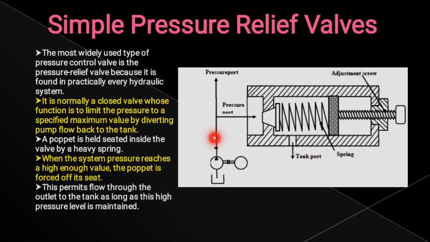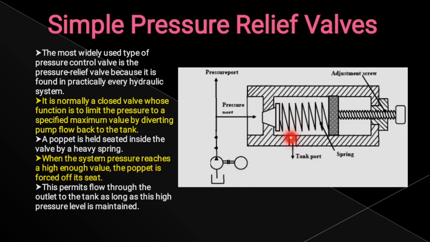The liquid at high pressure is going to push this poppet, which is placed in the gap and is closing that gap. The poppet will be opened because of the pressure of the liquid, and the liquid which comes here will be transferred back into the tank.